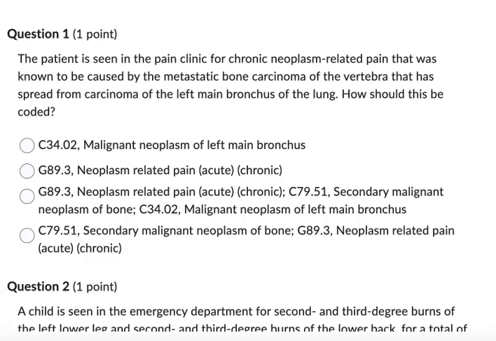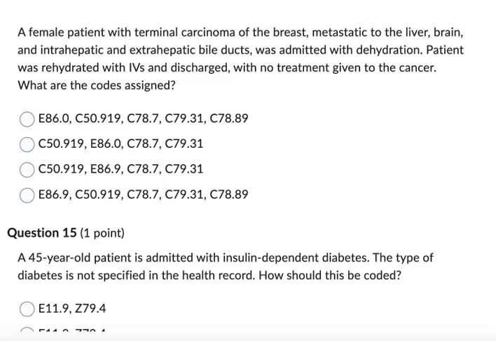So when you see that you have the same code represented in multiple answer choices, here's my second area to talk to you about. Sequencing is important. Which code goes first? So let's see if I can find another example. Okay, here's another example. So different scenario, but I want you to notice that several of the codes are present in more than one answer choice, but they're in a different order.